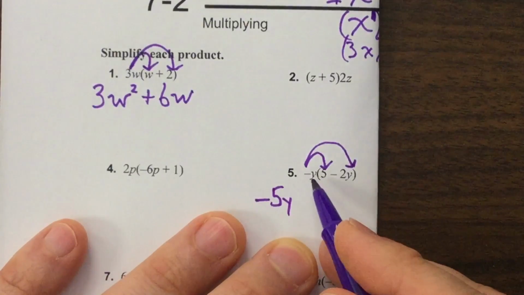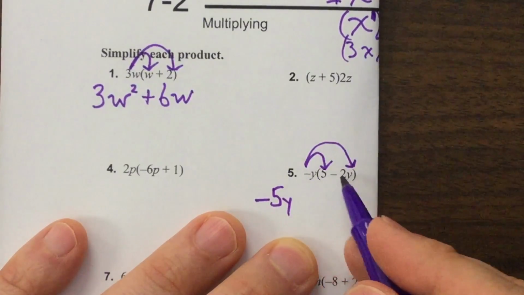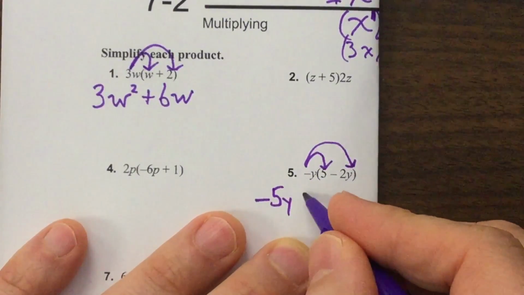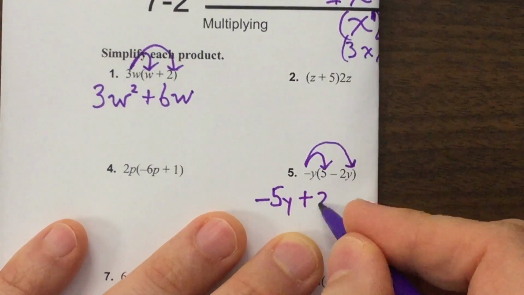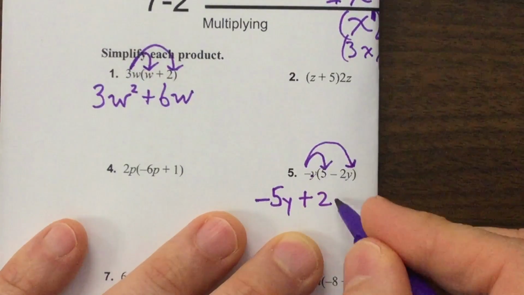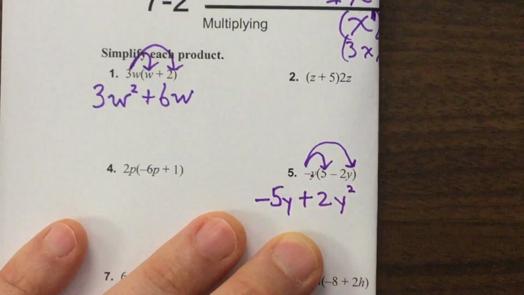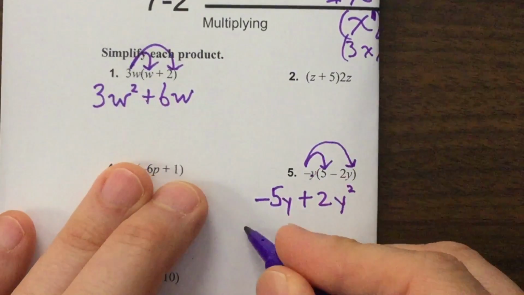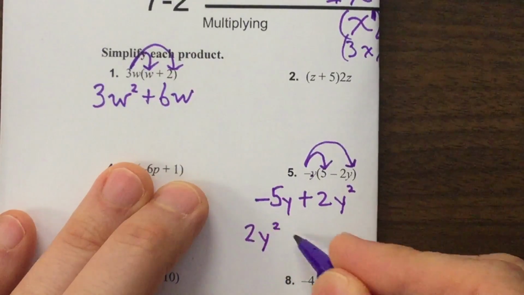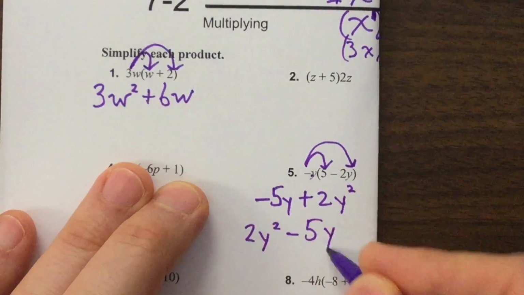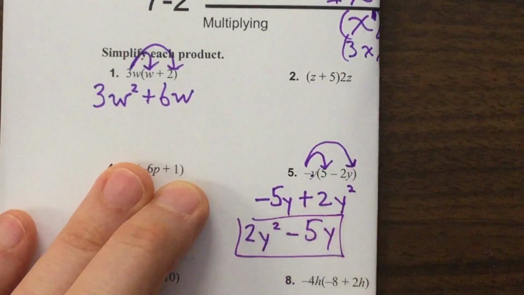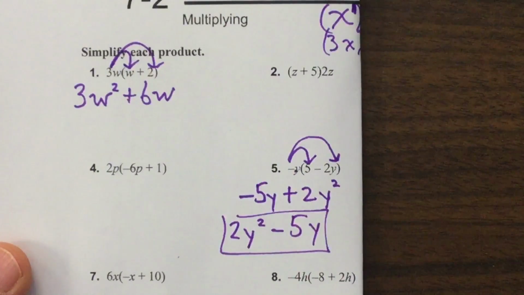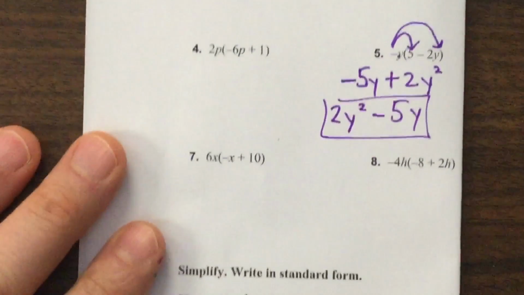But now, on the second part, negative y times negative 2y makes a positive 2, and then y times y is y to the power of 2. Okay, you might rearrange it to put it in standard form. That gives you 2y squared in the front minus 5y. That's how that works.